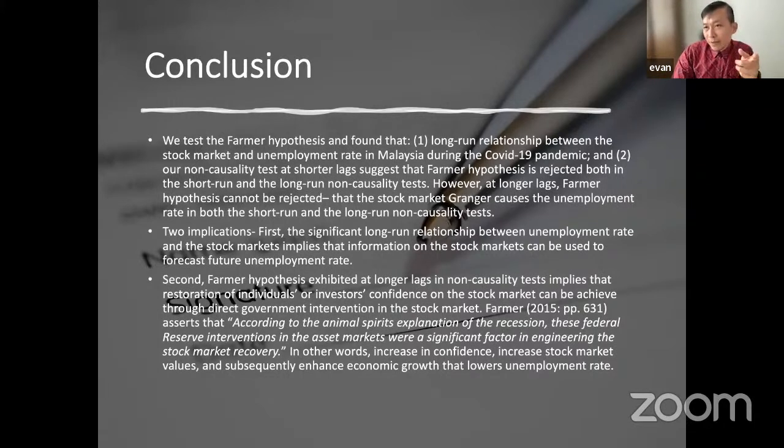So what Farmer 2015 says, interpreted in that sense, and how we can adopt that in the Malaysian context, is that according to the animal spirit explanation of the recession, the intervention in the stock market was a significant factor in engineering the stock market recovery. That's what happened in the country. So the stock market did not crash yet, but the stock market was being impacted.